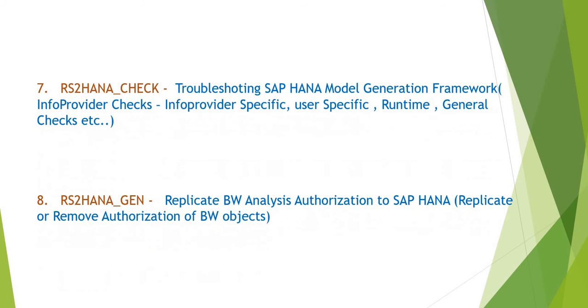Coming to the next, RS2HANA_CHECK, and it is used for troubleshooting for any SAP HANA model. If I talk about InfoProvider, you can see the specific details like user specific, runtime specific or general checks using this transaction.